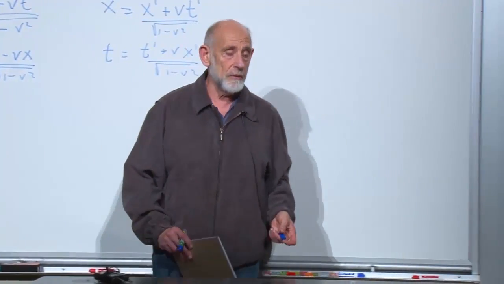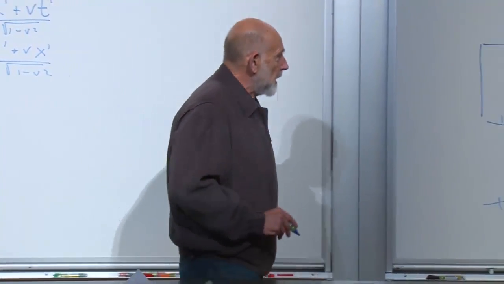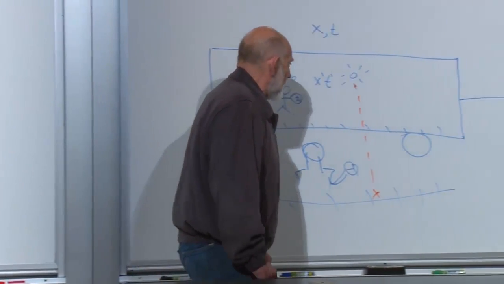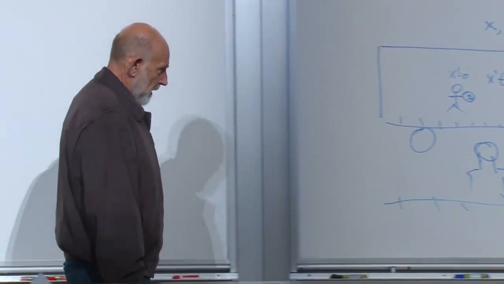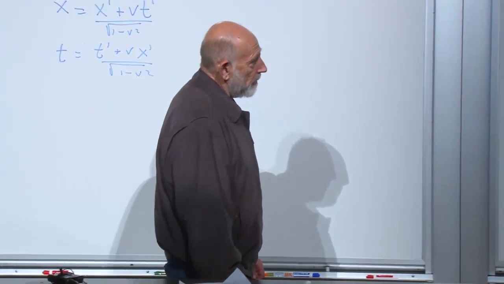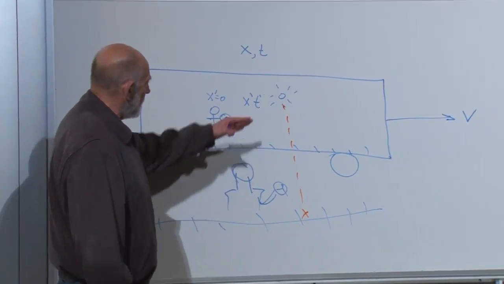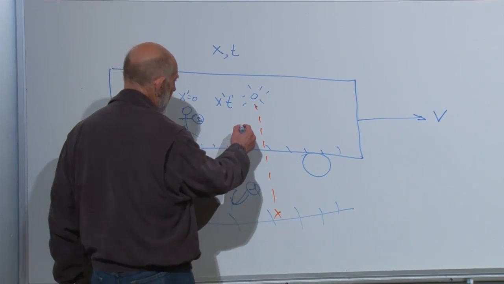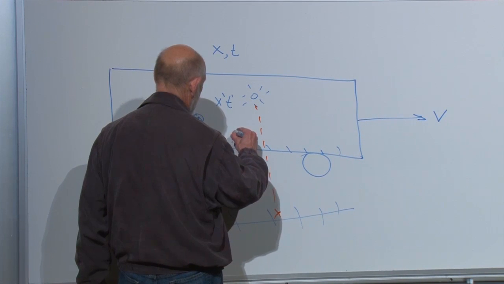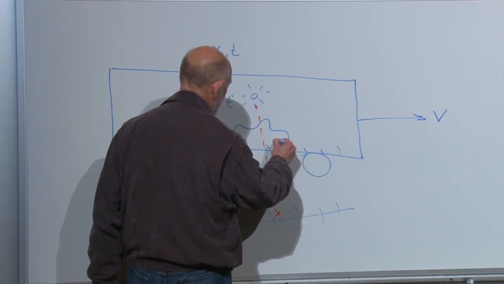All right, now we want to do another exercise. The other exercise is to assume there's a third observer. The third observer is moving relative to the railroad car, relative to the train. He's got a little kiddie car inside the train.